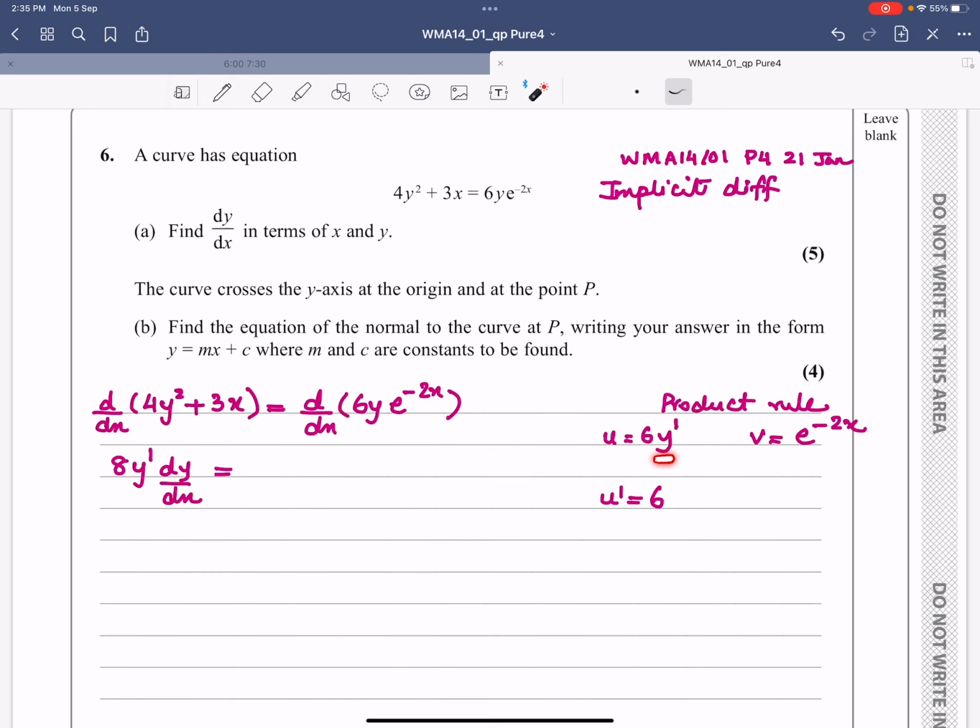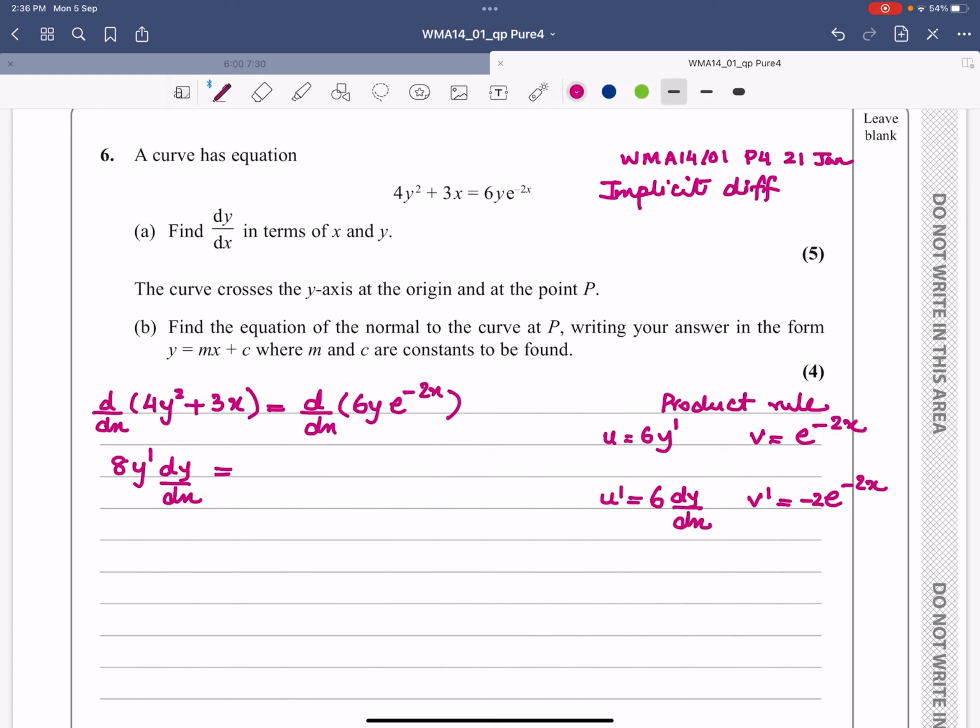Remember, y is some function of x and what is inside the bracket should be differentiated again, but I don't know what is inside the bracket, so I'm just going to write dy by dx here, which is the differential of y. Moving on to v dash, differential of v. Differential of e to the power of anything stays as it is, so e to the power of negative 2x, but differential of minus 2x will be minus 2.